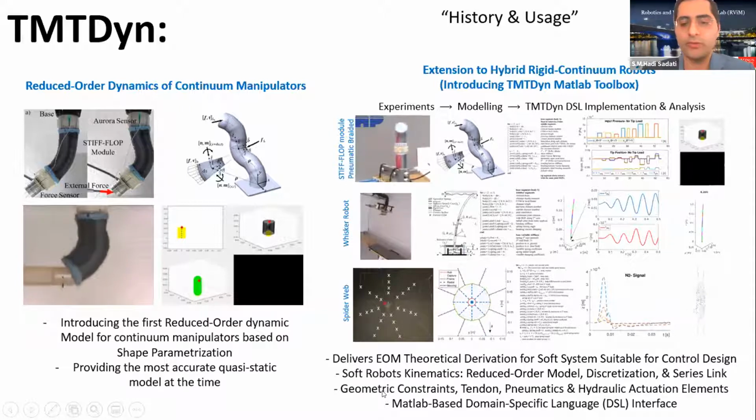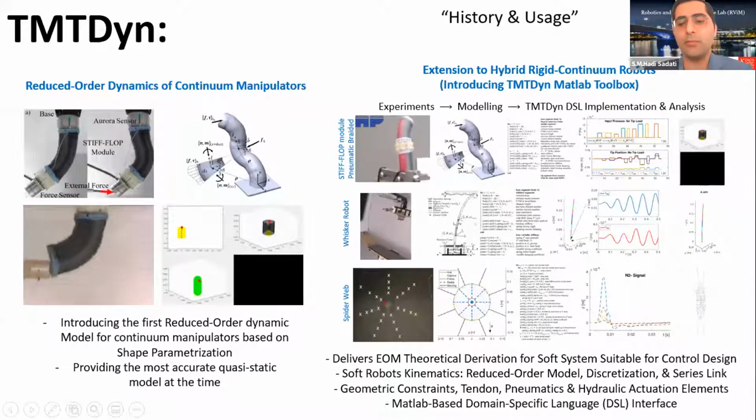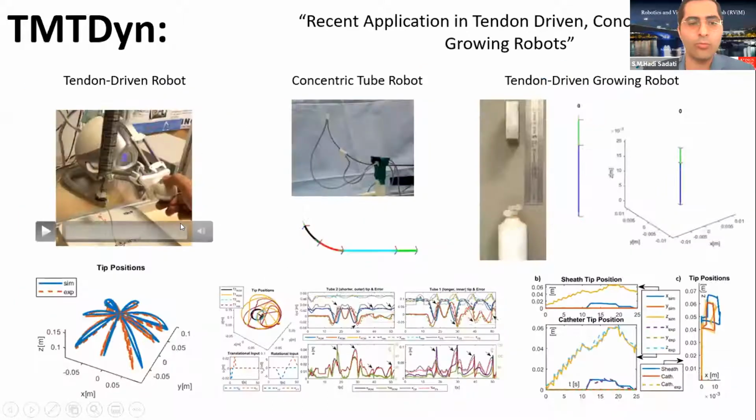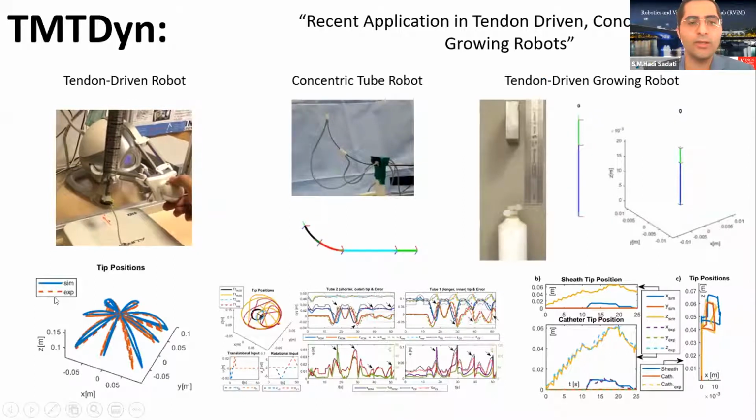You can handle geometrical constraints, tendons, and pneumatic and hydraulic actuation elements. And it benefits from a MATLAB-based domain-specific language interface, which I hope makes it easier to model and define the robot.